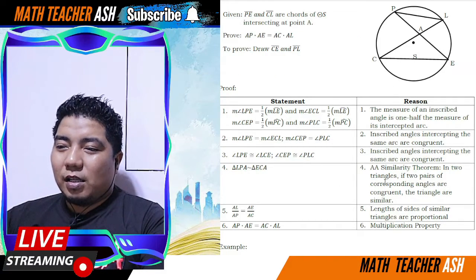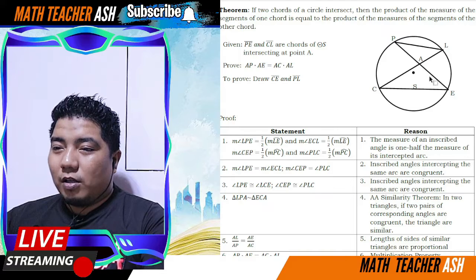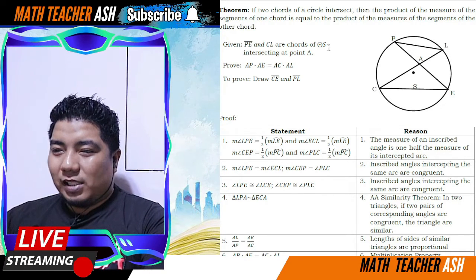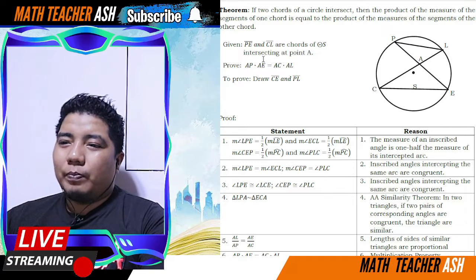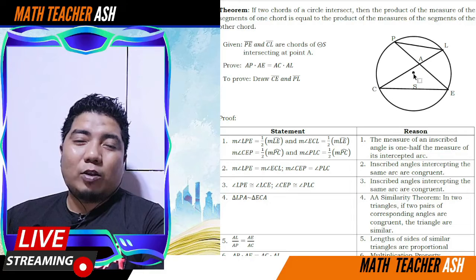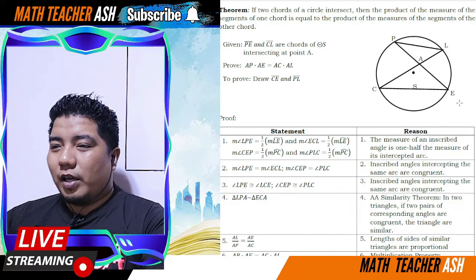And this is the proof of how it is done. Okay, so given the line segment PE, ito yon, the chord PE and the chord CL are chords at circle S, intersecting at point A. So point A, hindi talaga sila tumama doon sa center of the circle. Okay?